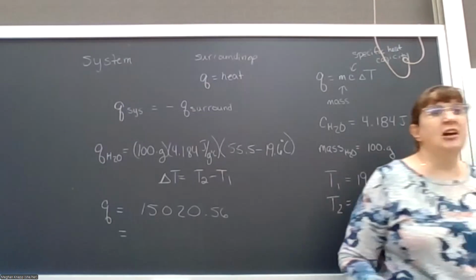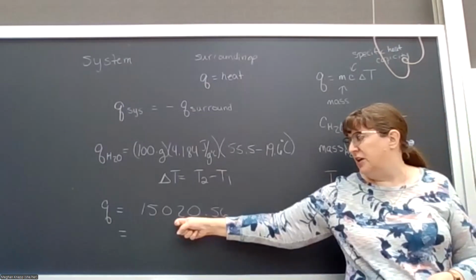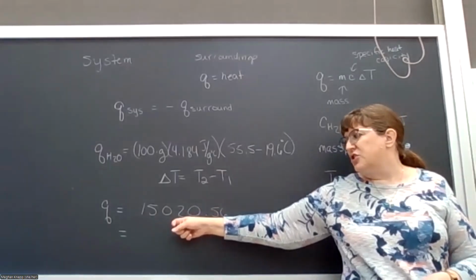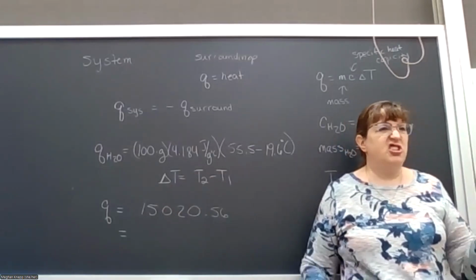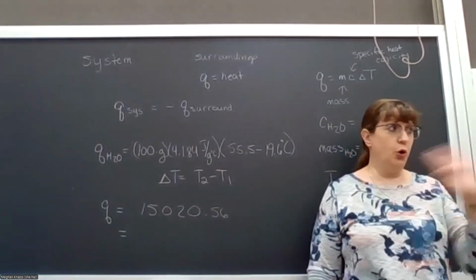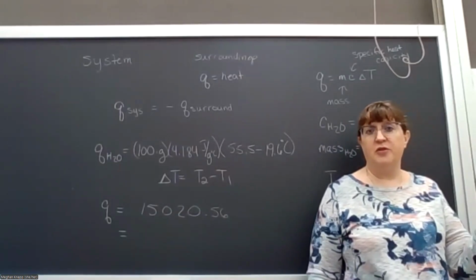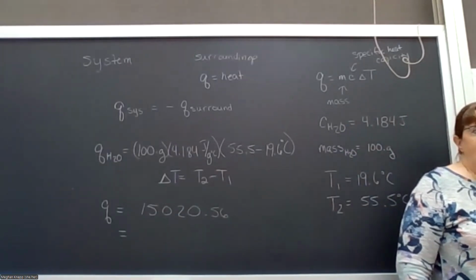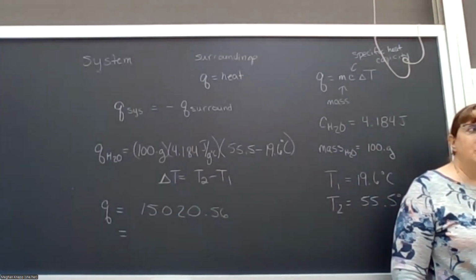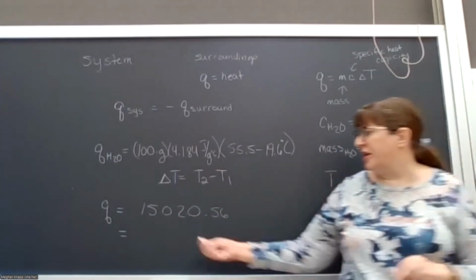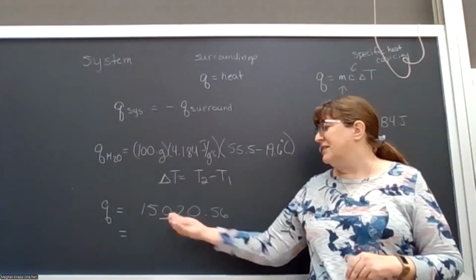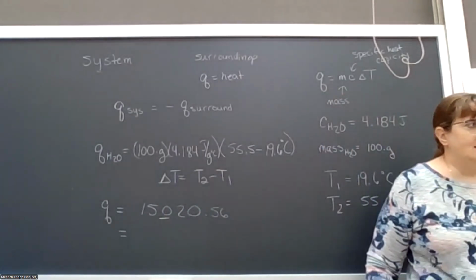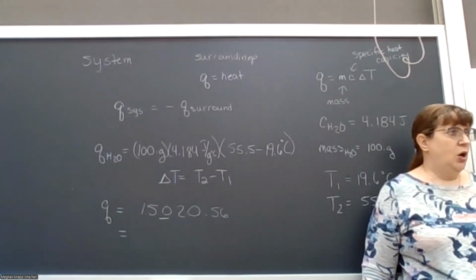Now, if necessary, I would round up, but since that's a 2, oh, it wasn't 26, it was 20. Since that's a 2, I don't need to round up the 0. So it's just going to stay as a 0. I don't write a decimal because that would imply that those zeros were significant. Now, the problem with this particular case is that it looks like I only have 2 sig figs. The way that I can show that I have a significant 0 here is to underline it, so that indicates that it is significant.